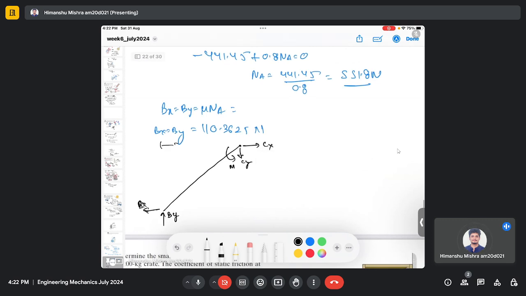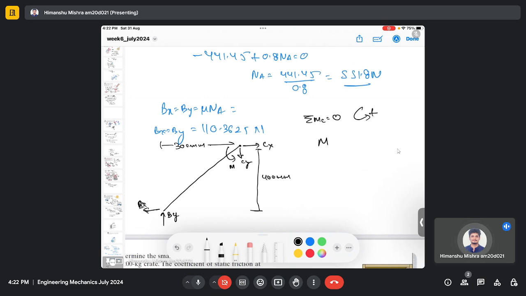So this is 300 millimeter and this is 400 millimeter. If I do the moment balance analysis at point C, assuming counterclockwise as positive, then I have m.